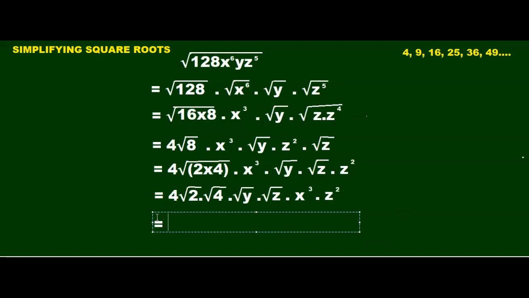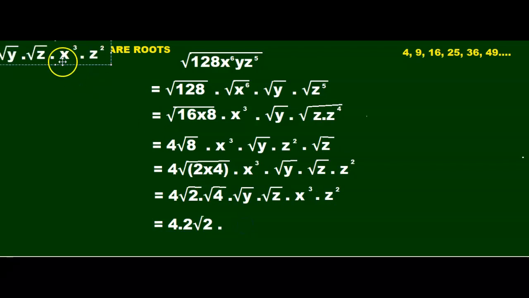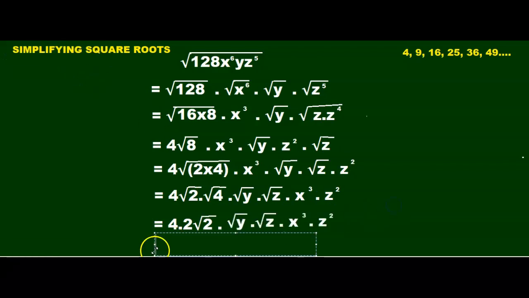Now I'm going to simplify this again. So I'm going to bring down my 4. Square root of 4 here is 2. And I'm left with that root 2 times this chunk, which I'm going to copy and paste as so. I'm going to do my final simplification. 4 times 2 gives me 8.